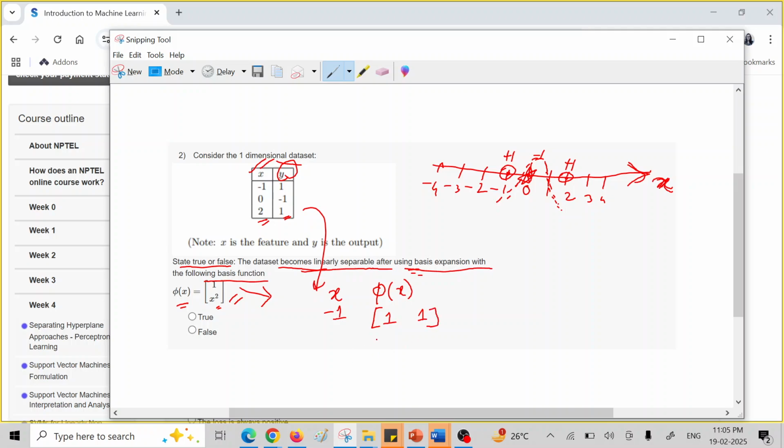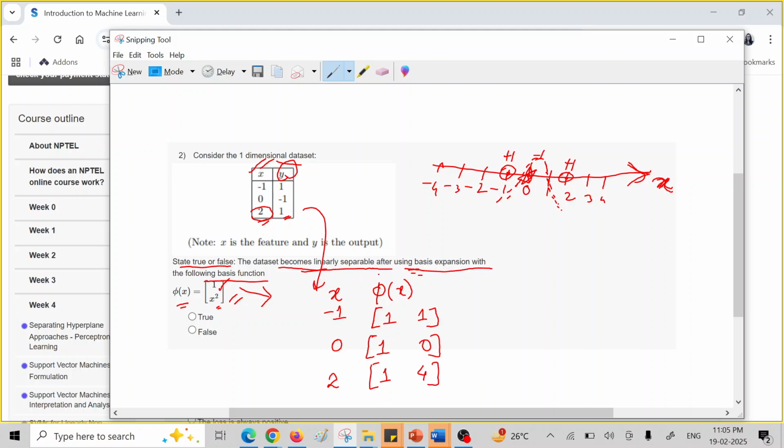If it is 0, then after the basis expansion it will be 1, this 1 coming from the constant term, and 0 square will be 0. If the third data point is 2, then after basis expansion it is 1, then 2 square will be 4.